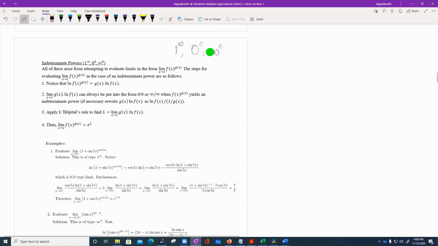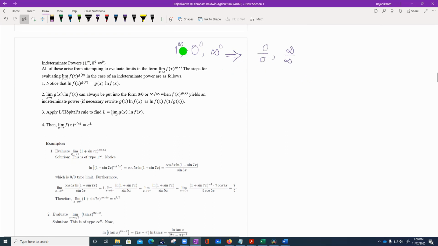For these kinds of problems, you have to approach in a different way before applying the L'Hopital rule. Do some alternate techniques to change this form into either 0/0 or infinity/infinity.